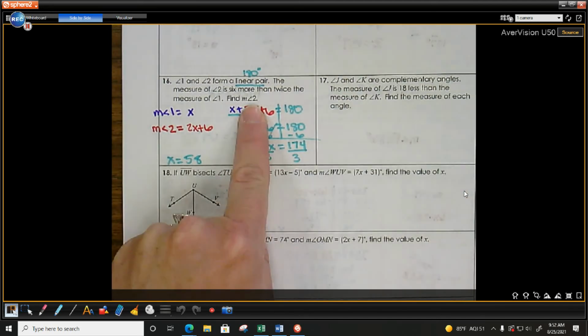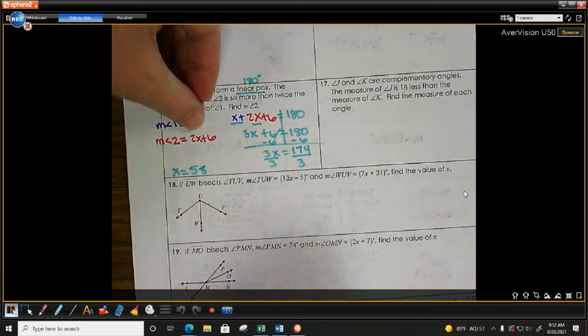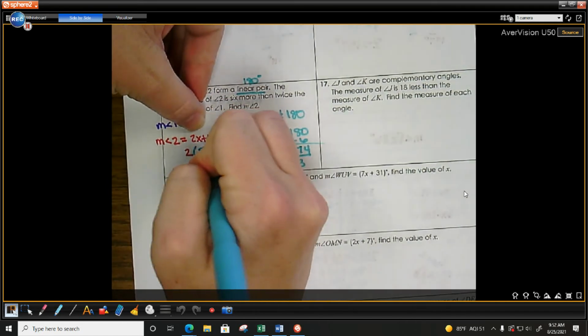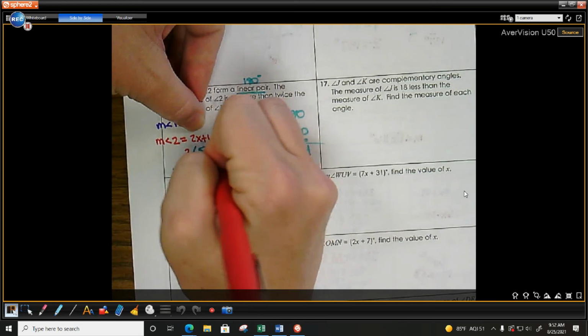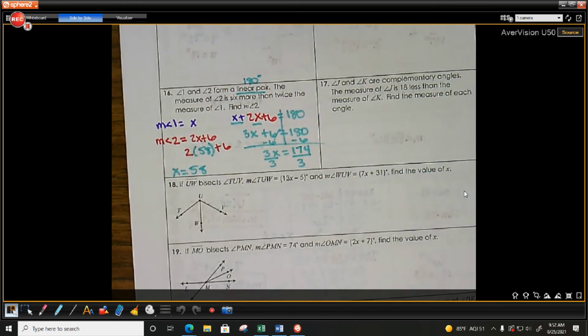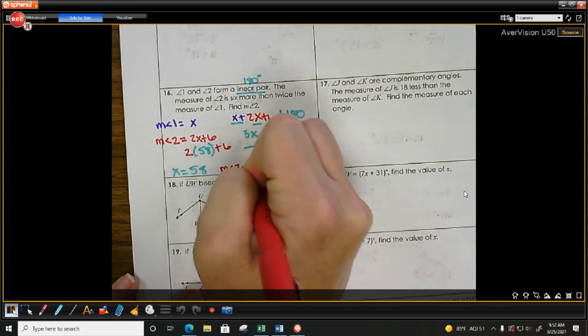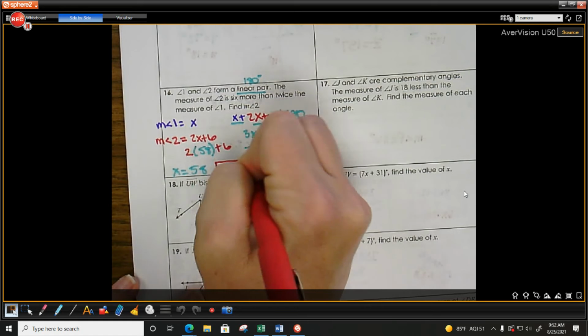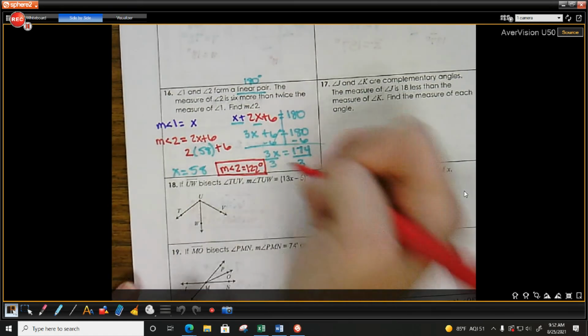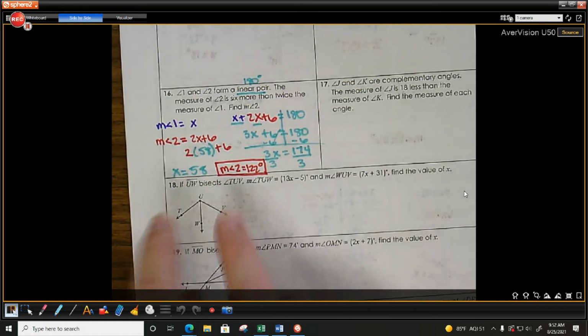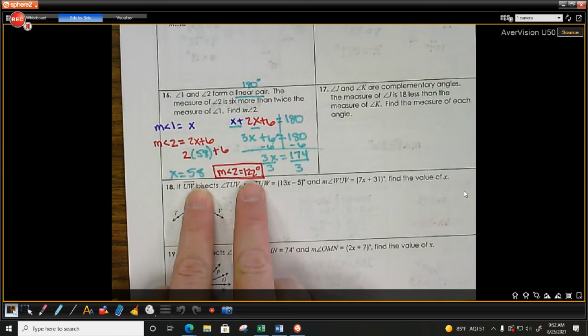So I need to do 2 times 58 plus 6. And what do we get? So the measure of angle 2 is 122 degrees. If I add these two together, what do I get, guys? 180, because they're a linear pair. Good?